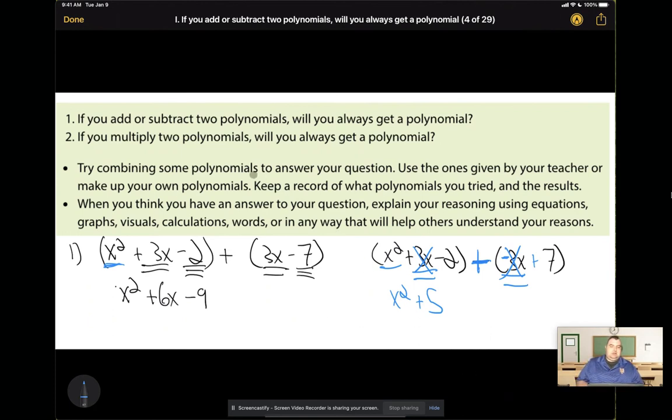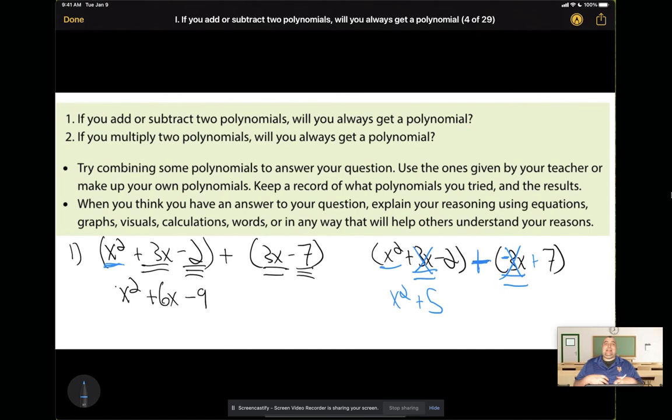So to answer this question, if you were to add or subtract two polynomials, will you always get a polynomial? Can we think of a situation where if I have two things that I know are polynomials and I add them or subtract them, I would get an answer that is not a polynomial?